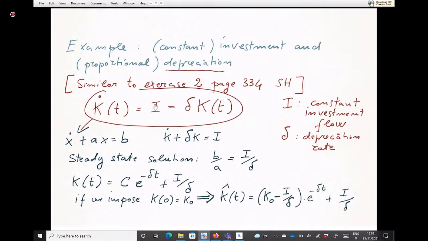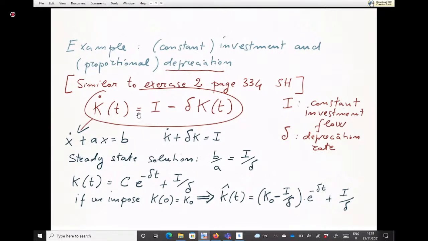So if capital I, which is the investment flow, is 0, we studied this model already, it becomes k dot is equal to minus delta k. So this has a constant rate of negative growth, okay? But if we have a positive investment flow, then we can add, and the simplest assumption is that it is constant, we can add this constant I here.